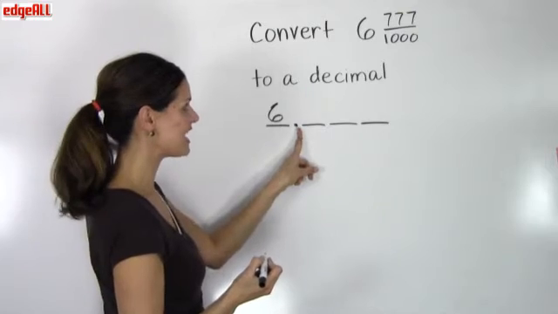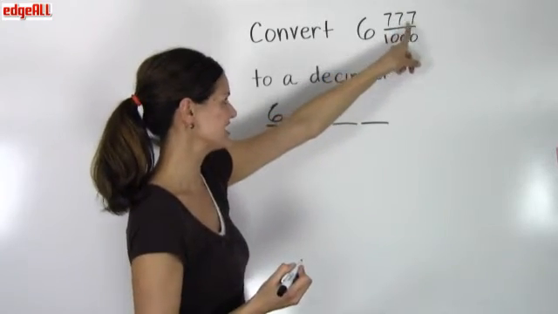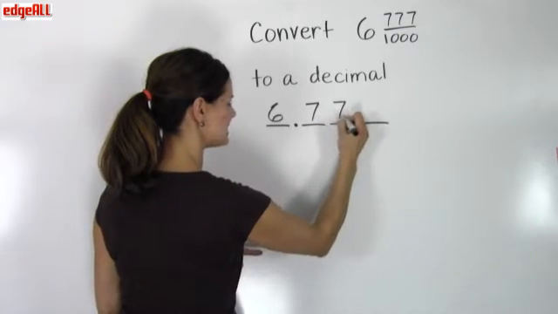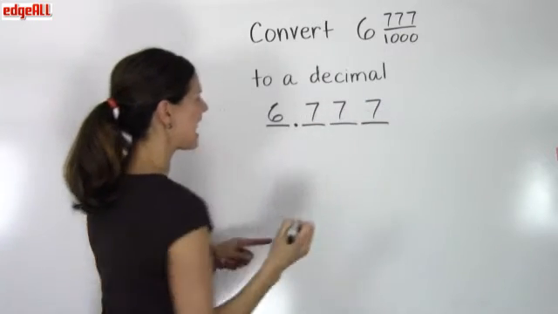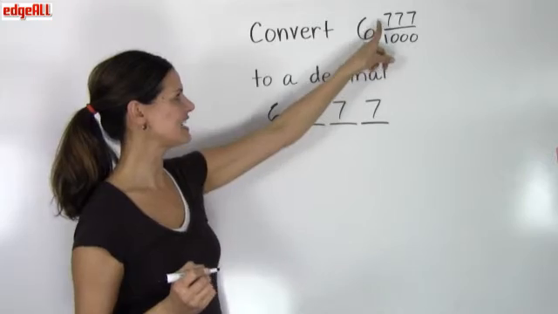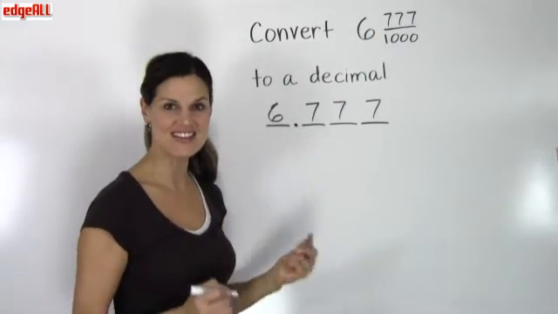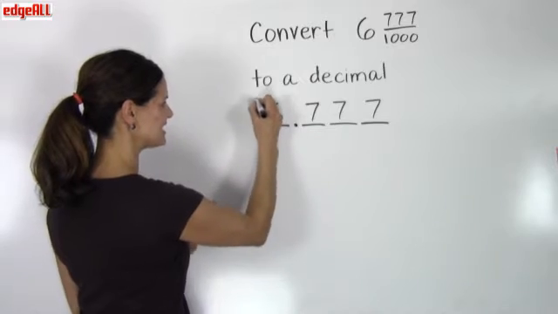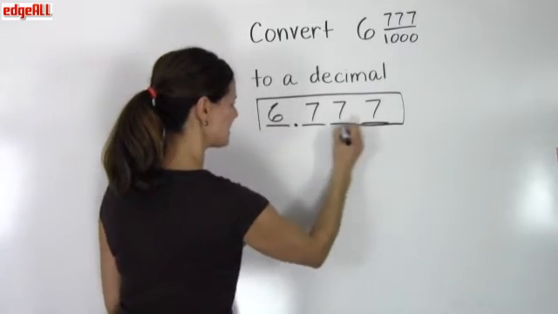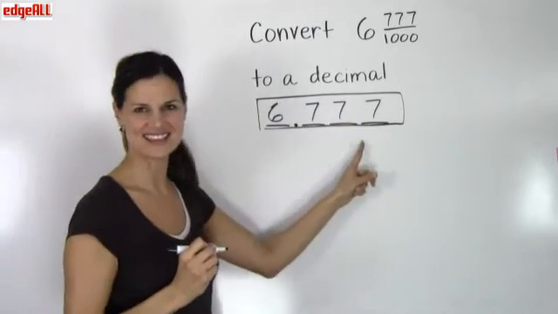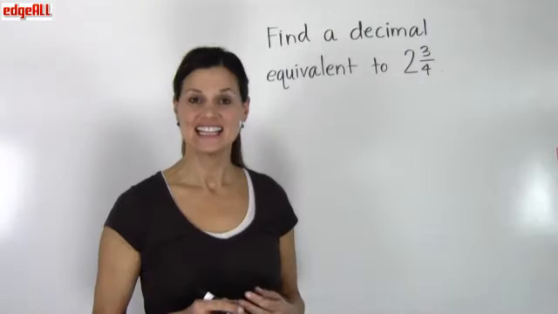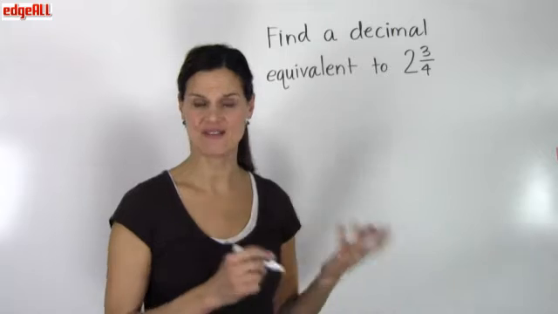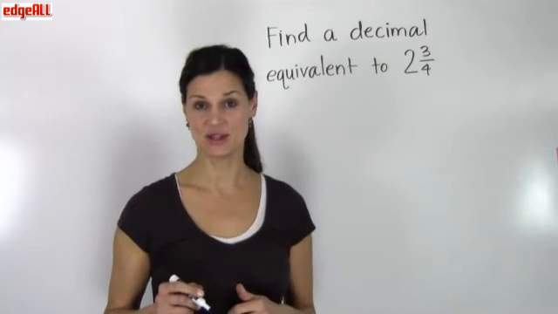And then we take our 777 and we put them in the positions to the right of the decimal. And so 6 and 777 thousandths can be converted to a decimal and will look just like this, 6.777.